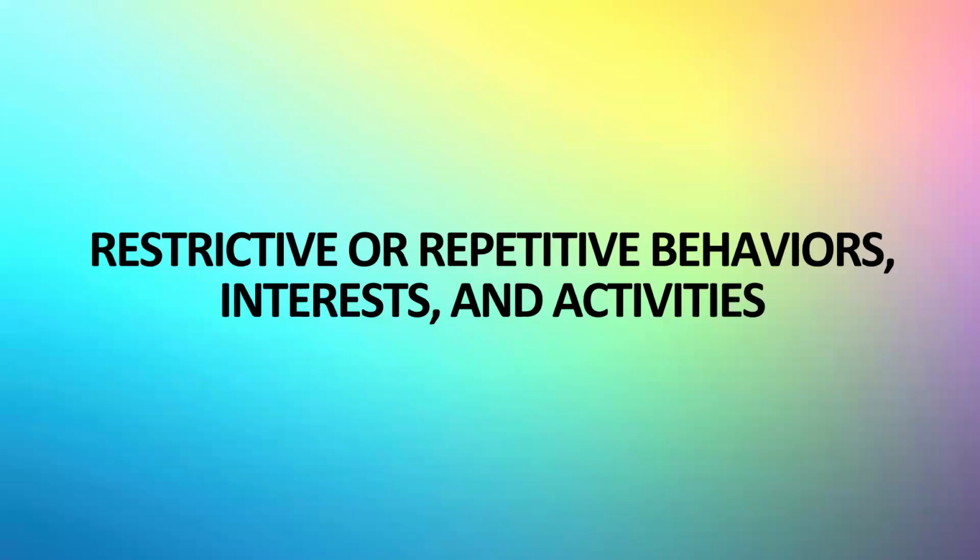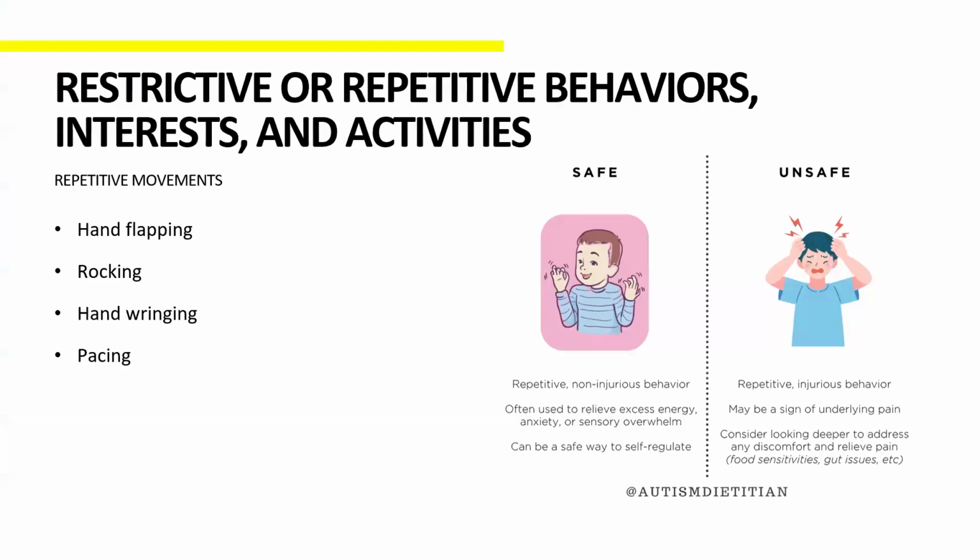All right, restrictive or repetitive behaviors, interests, and activities. The next criteria for a diagnosis is a difference in restrictive and repetitive behaviors, interests, and activities. This can look like hand flapping, rocking, hand wringing, pacing, spinning, self-injurious behaviors, and more. There are safe and unsafe types of stimming.